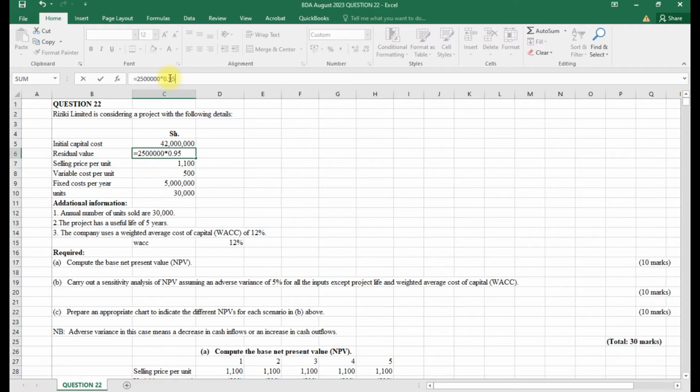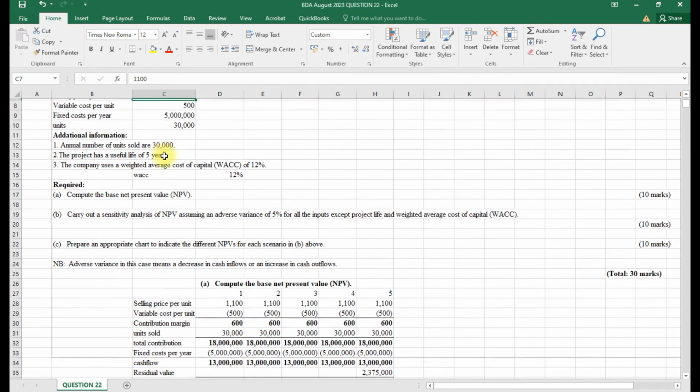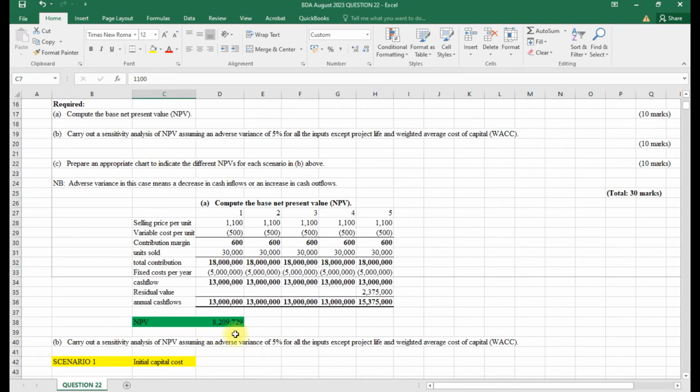0.95. Before I change this, remember for scenario we are adjusting an item at a time, so this one we shall return back to normal, 40. Then we adjust this now by 0.95, and if this one changes, you'll find that our NPV will also change.